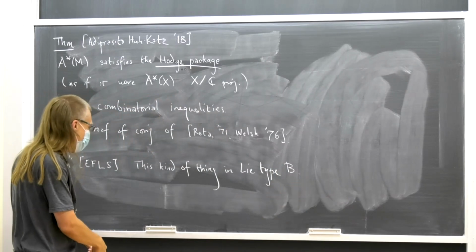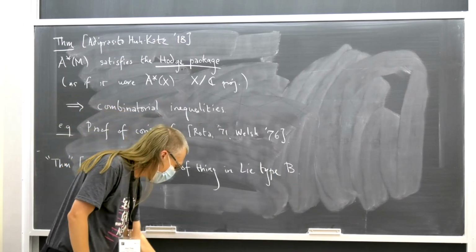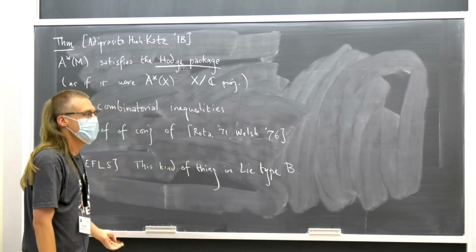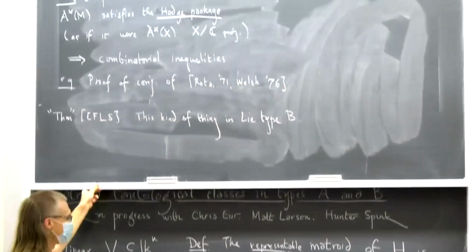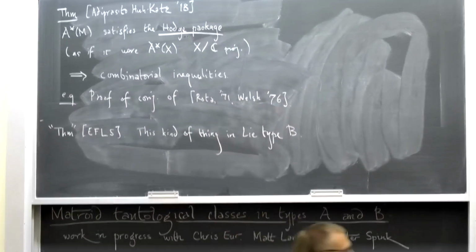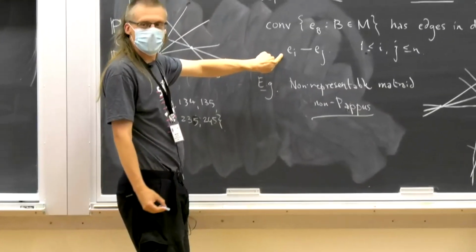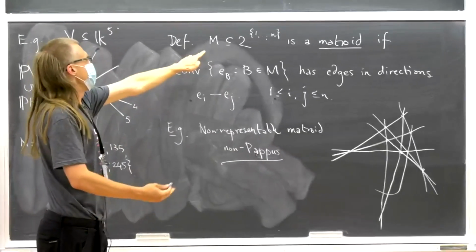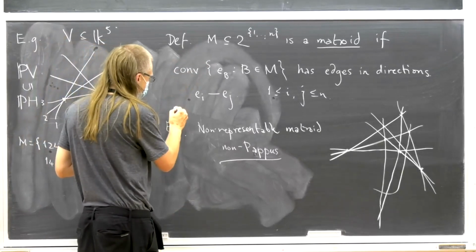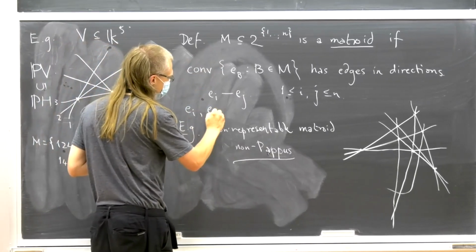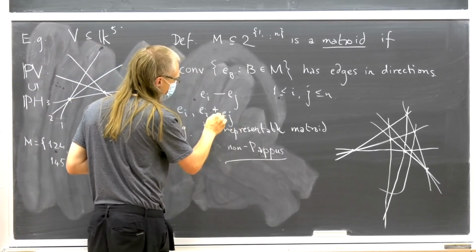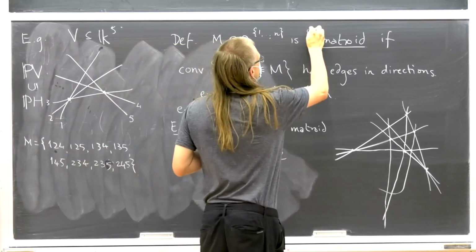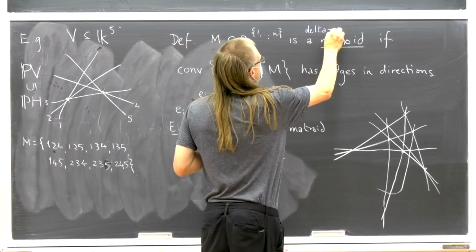I pointed out a few of the things that are Lie type A. So how do I change those to Lie type B? Maybe here is the clearest thing. Here's the type A root system. I can make my Lie type B analogs of matroids just by putting the type B root system here. Those things that I get are known as delta matroids.